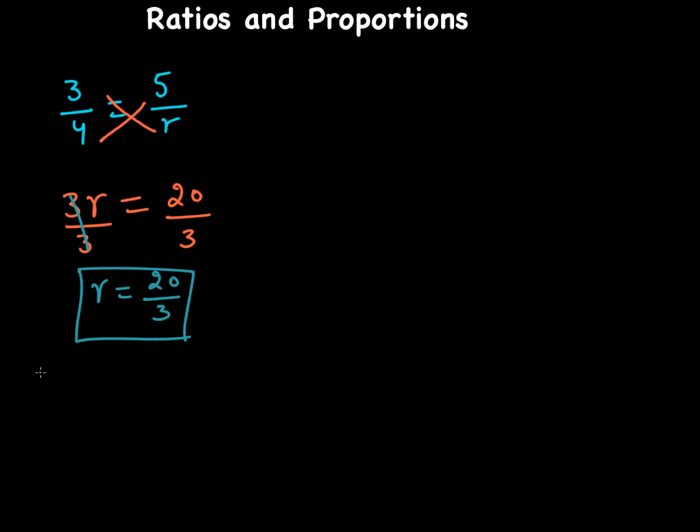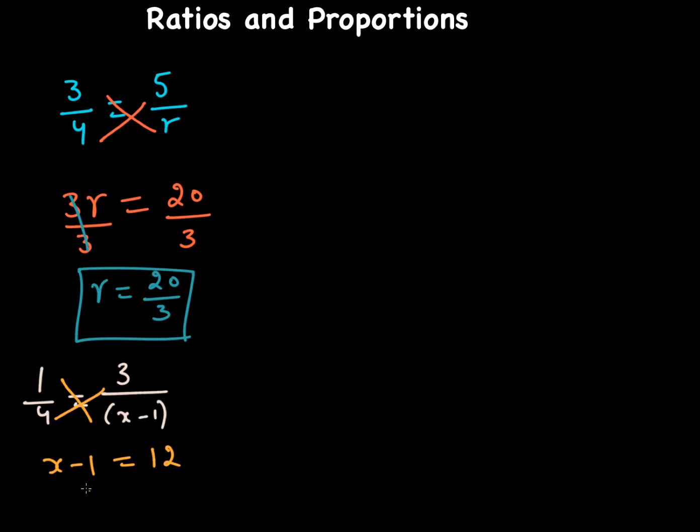Let's say they said 1 over 4 is equal to 3 over x minus 1. Same rule we're gonna use. Gonna cross multiply. So x minus 1 multiplied by 1 gives me x minus 1, and 4 multiplied by 3 gives me 12.